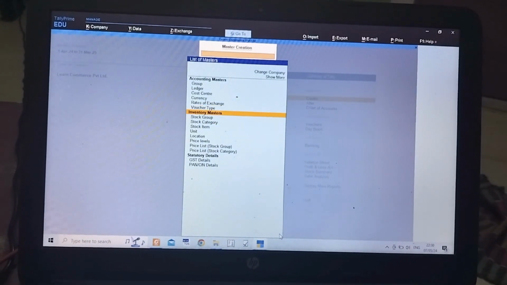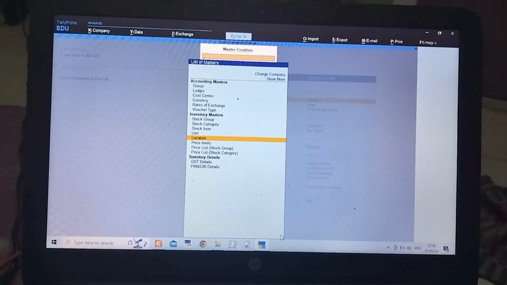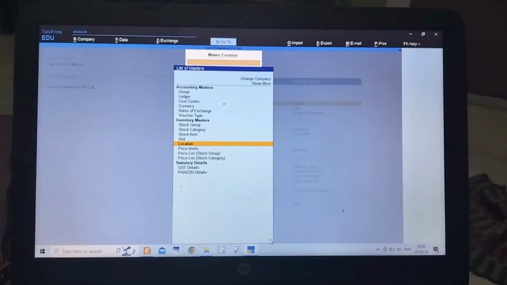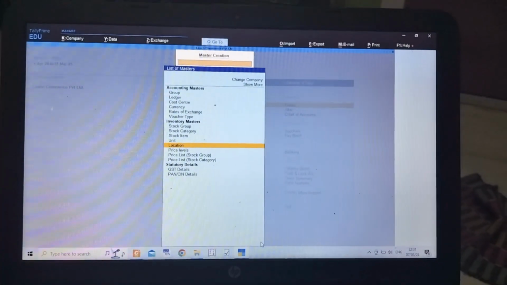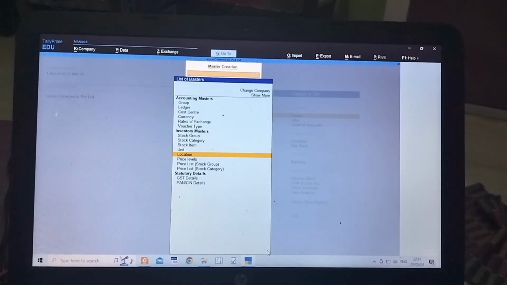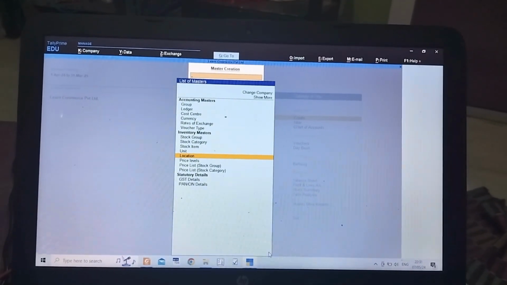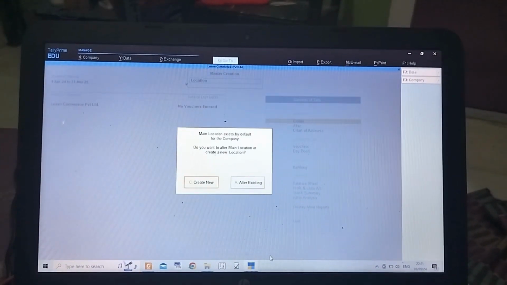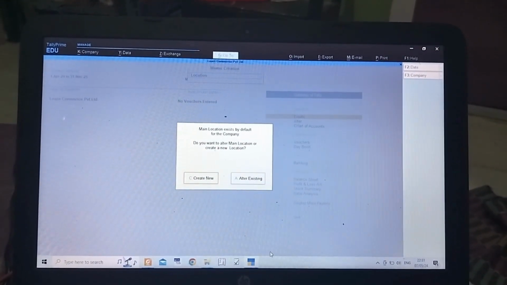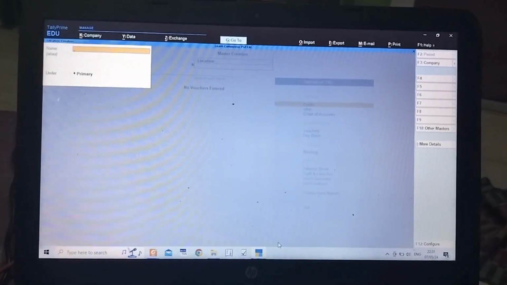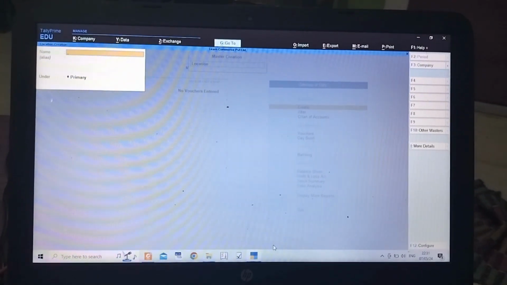So go to create option, then godown. Here in Tally Prime the name is changed to location. Earlier it was on gateway of Tally only, inventory info, then godown, create. Now in Tally Prime I have to create. Since I have taken location as Karnataka, I'll take places of Karnataka and other states also as my location.